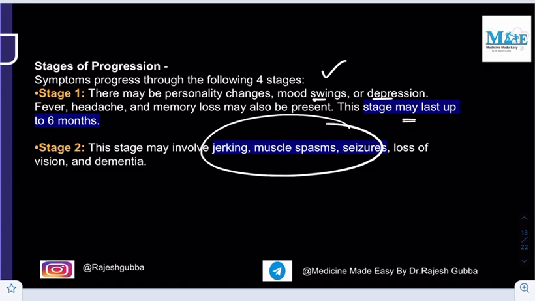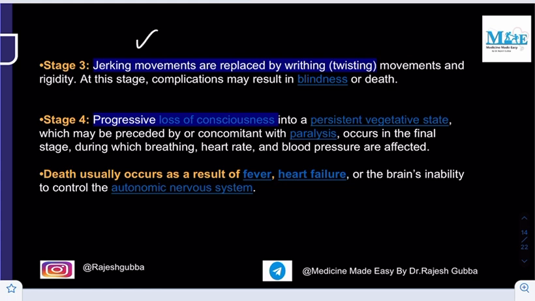In stage 3, the jerking movements are replaced by writhing, twisting movements and rigidity. Stage 4 is progressive loss of consciousness into a persistent vegetative state.